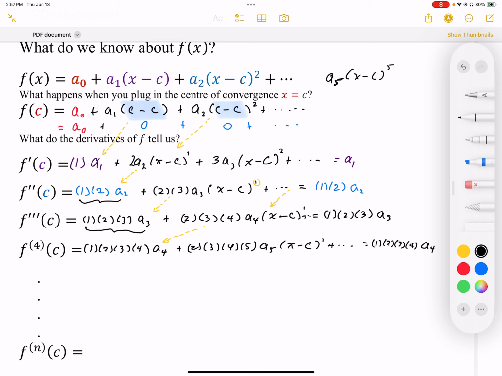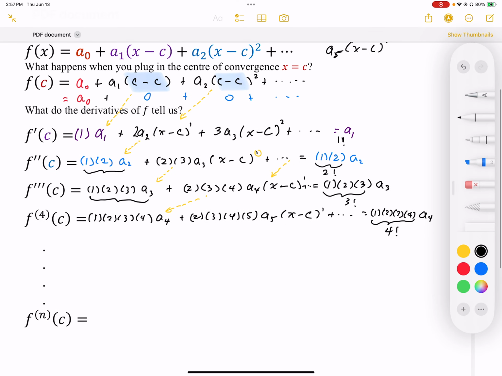And we can do this repeatedly. Now notice that what's happening, apart from the a4, we have this part here, and we're just going to make that into 4 factorial instead. We're going to make that into 3 factorial. We're going to make that into 2 factorial. This is actually 1 factorial in there. And we can see that we can now generalize this.